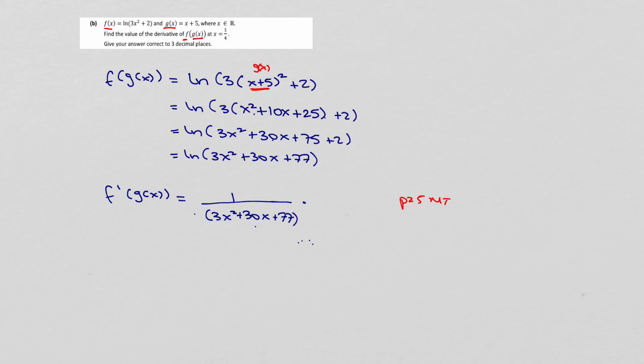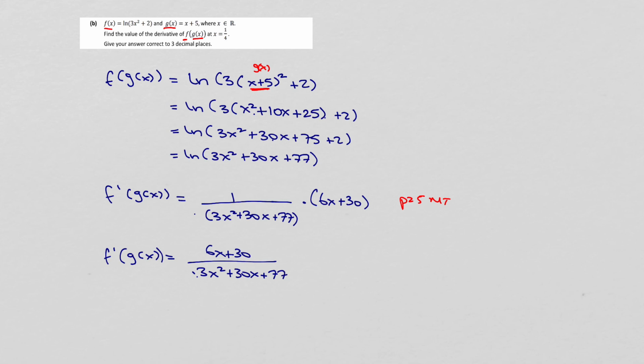So the function within the function there is 3x squared plus 30x plus 77. So if I multiply by the derivative of 3x squared plus 30x plus 77, I get 6x plus 30. So in other words, my derivative is 6x plus 30 over 3x squared plus 30x plus 77.